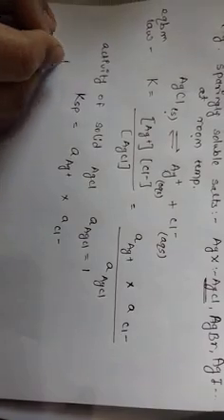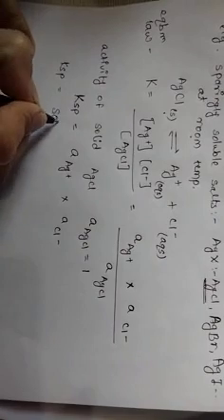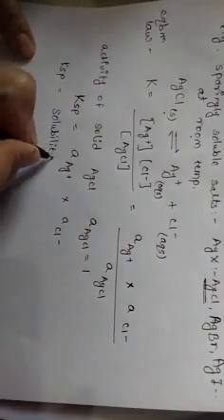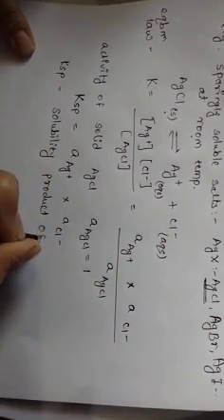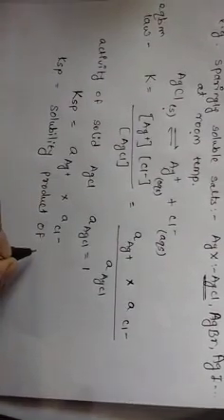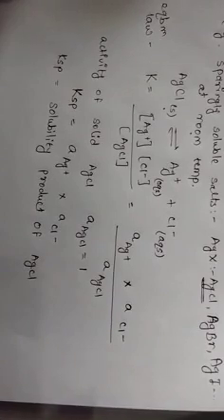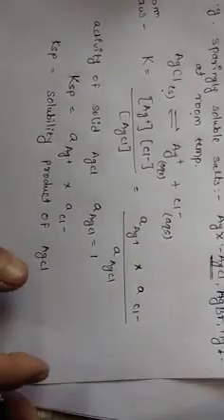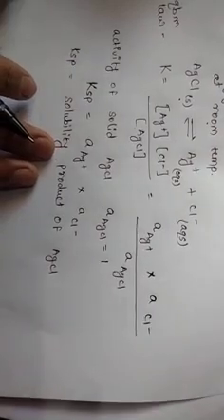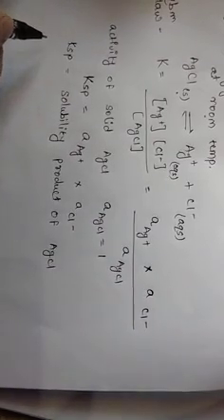So this Ksp is nothing but the solubility product of the sparingly soluble salt AgCl, and this is constant at a given temperature. This will not vary at constant temperature. If we keep the temperature constant, this Ksp will remain constant.